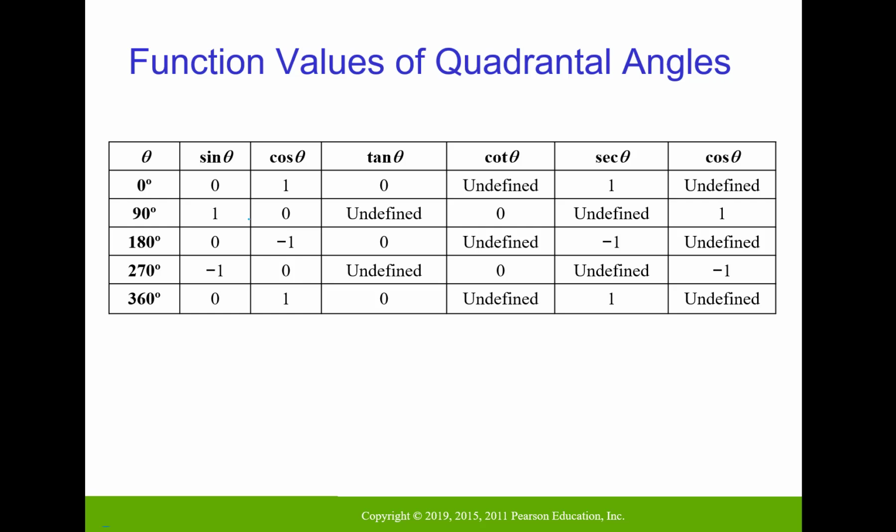Alright, so now that we have a nice foundation for our trig functions and their definitions, let's get into some details about them. So this is a table of the function values for what are called the quadrantal angles, and those are just these angles here that land on an axis, an x or y axis.